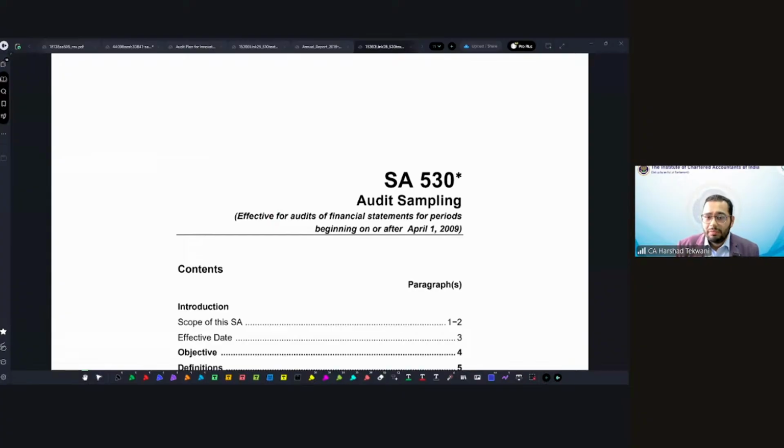They have a similar chance of selection. It could be based on the type of sampling method, but again, they should have the chance of selection in order to provide a reasonable basis that I have concluded on a particular testing.